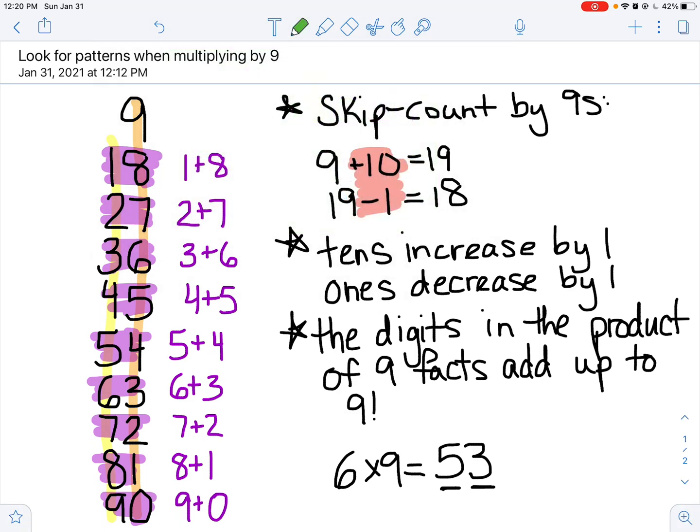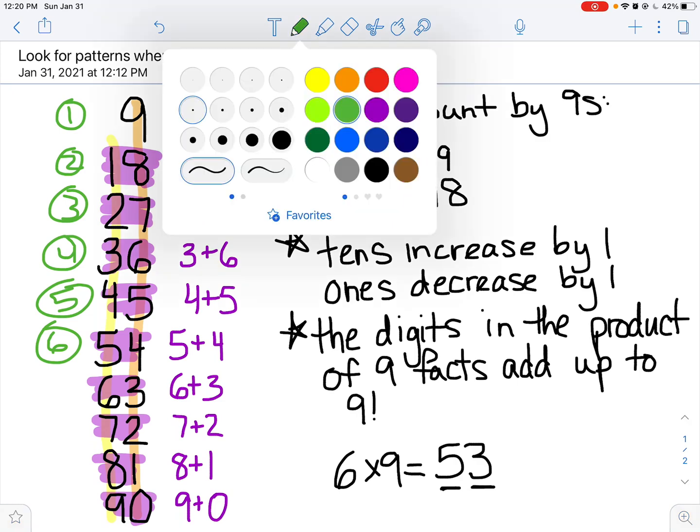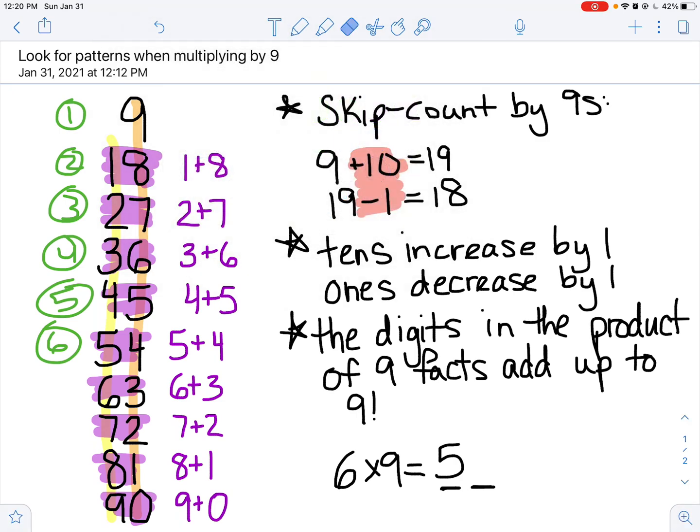So if I wanted to, I could look over here and I could go, okay, here's 1, 2, 3, 4, 5, 6. I know 6 times 9 is 54. So I would know that I'd have to change this and fix it to 54.